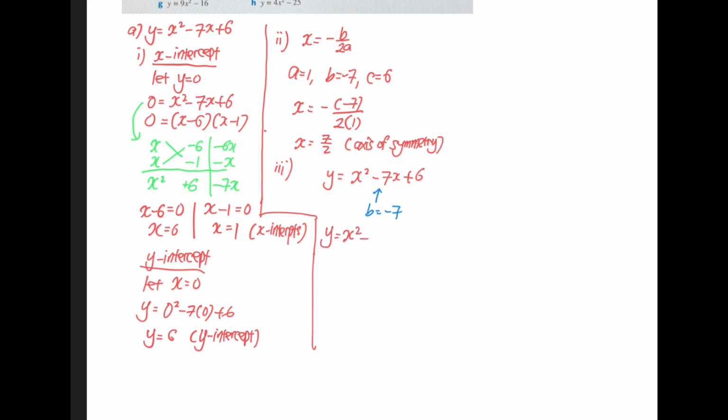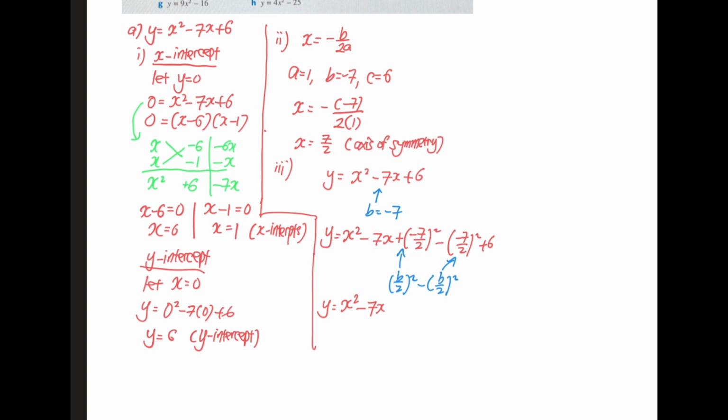So x squared minus 7x, the second term. Then here we put b over 2 squared, minus b over 2 squared. The b over 2 is negative 7 over 2, then minus negative 7 over 2 squared, plus 6. Let's simplify everything first.